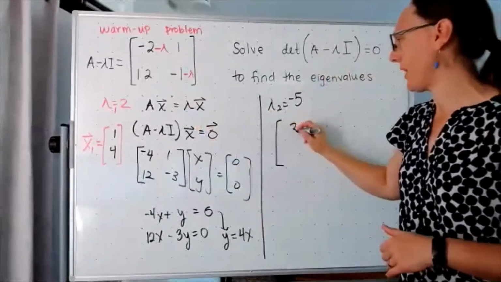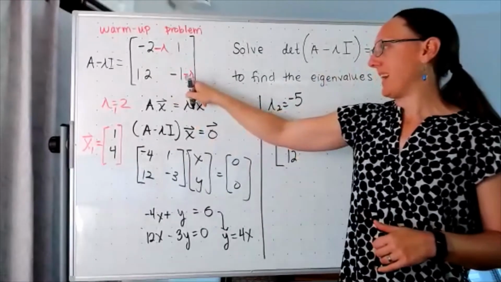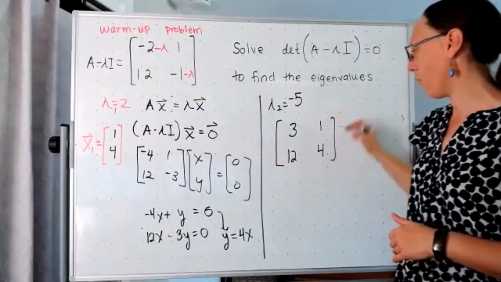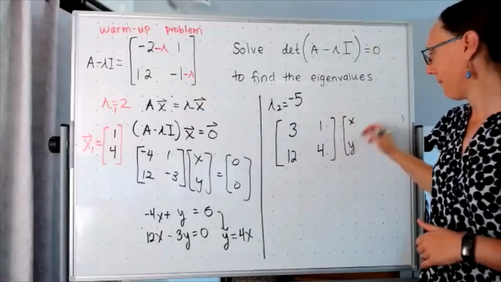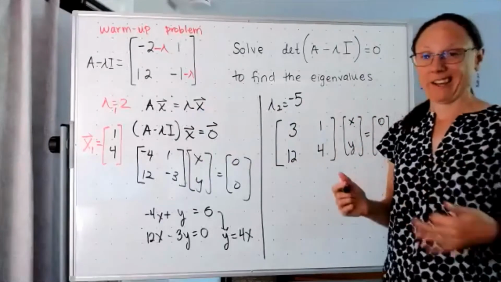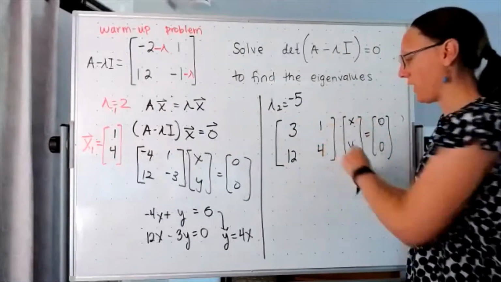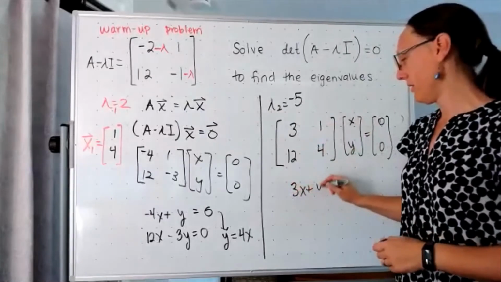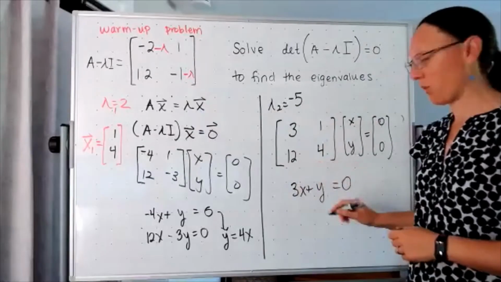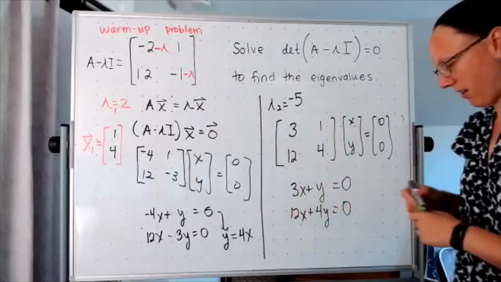So I'm looking at a 3, 1, 12, -1 minus -5, I think ought to be a 4. Again, distributing out here, got 3 times x plus 1 times y. That's got to be equal to 0. And from the bottom row, 12 times x plus 4 times y also needs to be equal to 0.